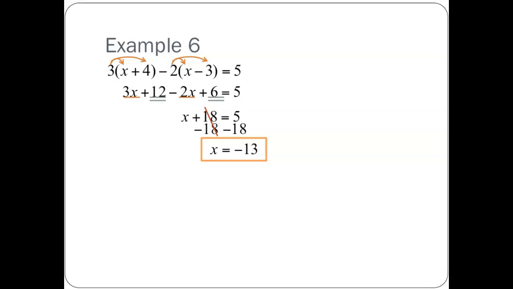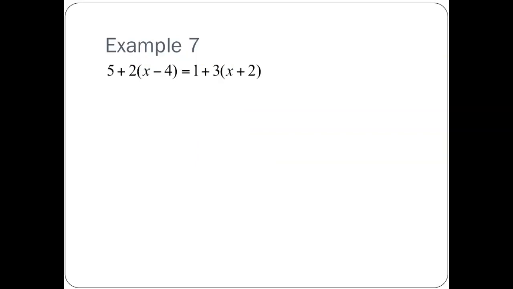All right, here's our last example for today. 5 plus 2, in parentheses x minus 4, equals 1 plus 3 times, in parentheses, x plus 2. All right, let's start by distributing. So let's distribute the 2 and the 3. So this ends up being 5 plus 2x minus 8 equals 1 plus 3x plus 6.